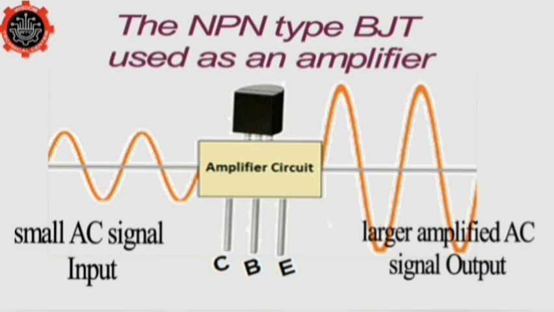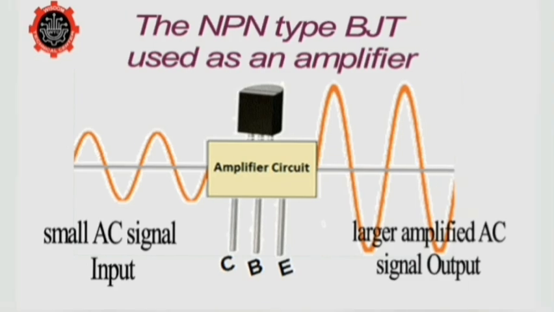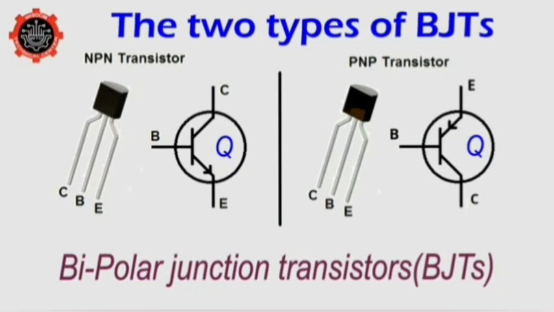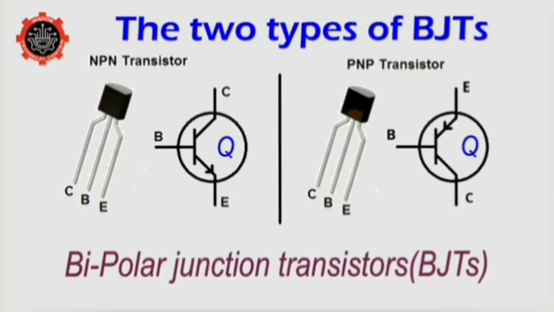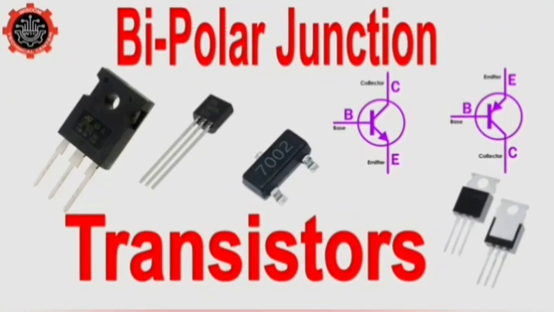So now we are going to talk about two types of BJTs: the NPN type BJT transistor and the PNP type BJT transistor. These two types of transistors are known as the bipolar junction transistors, and that they have two junctions.